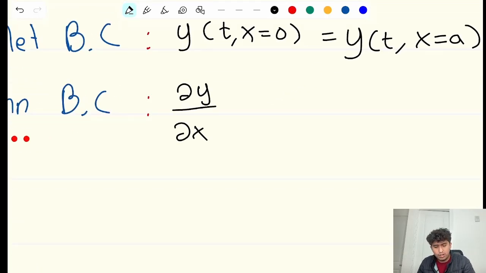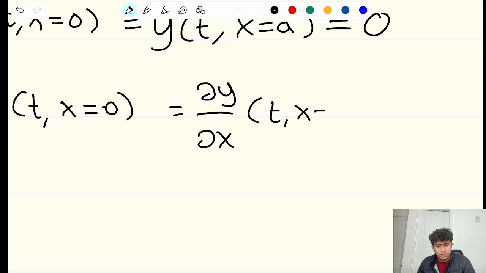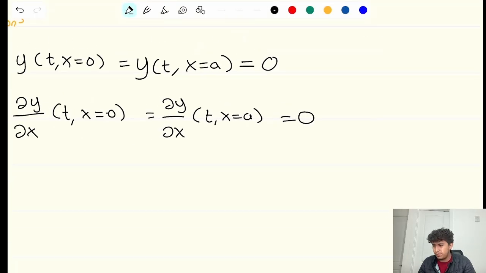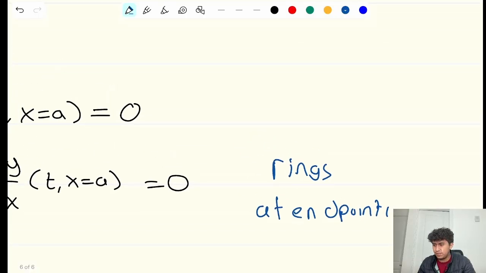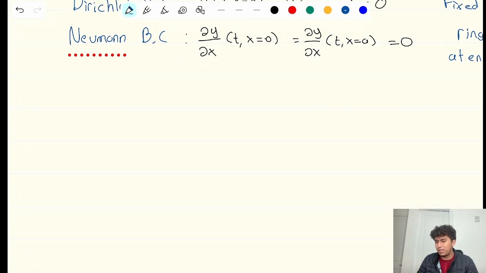And I'm going to show you a picture of how this works, so you have a clearer intuition. Cool. So in this case, at some time, these are going to be 0. From the equations this is okay, but the picture is going to solve it all.